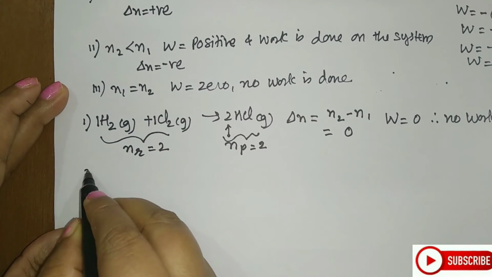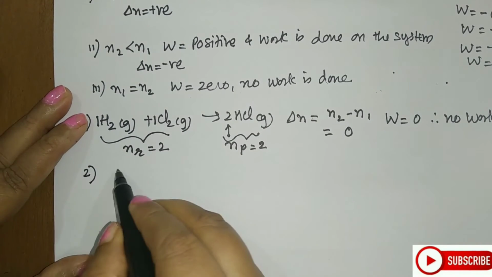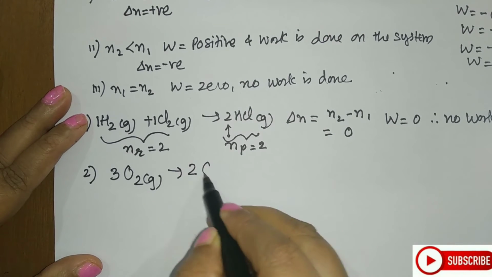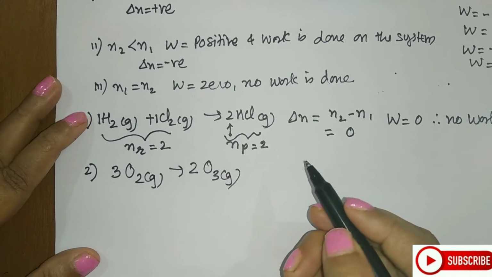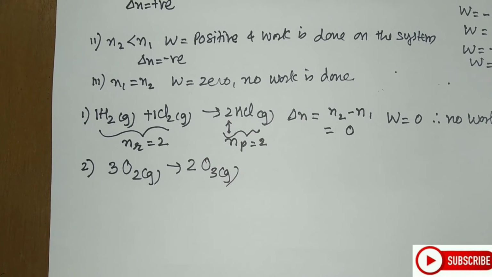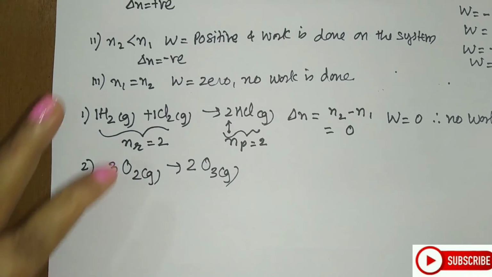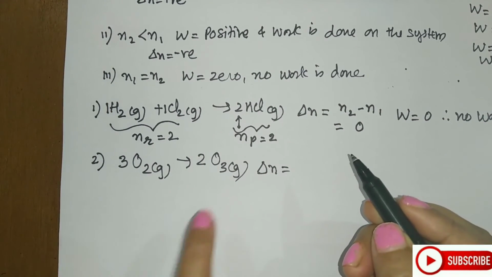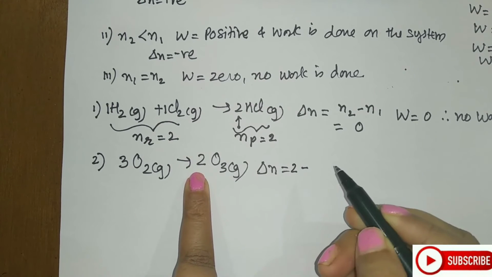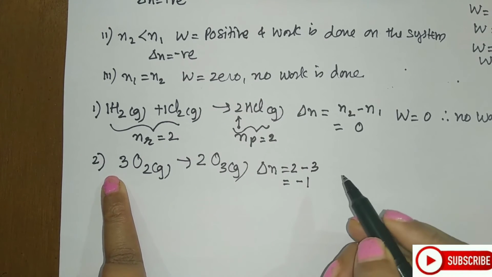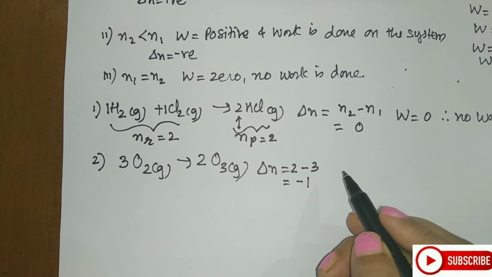Let us move on to the next example. The next example is 3O2 gas gives 2O3 gas. Now see whether it is balanced. The equation is balanced. So let us calculate delta N here. So delta N value here is equal to 2 minus 3. So it is minus 1, means the value is negative.